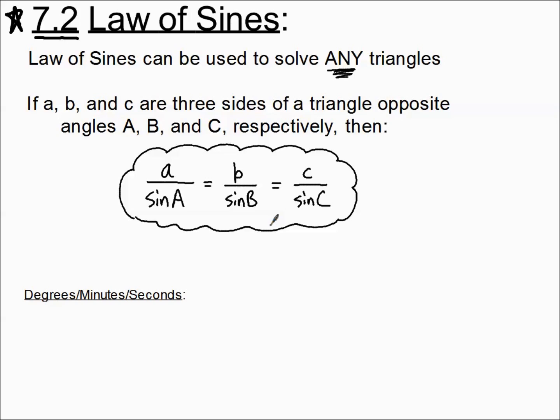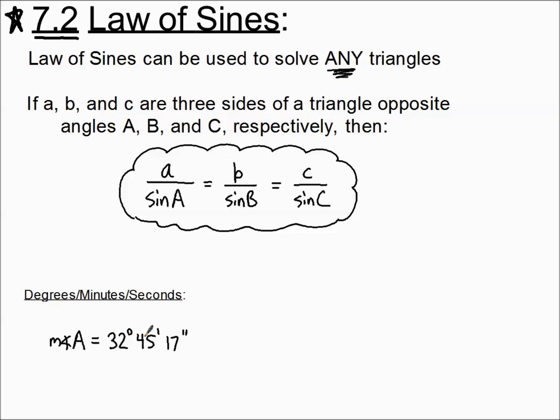Right now we know that angles are measured in degrees, but we can actually get a little bit more accurate than just degrees. Let's say we have an angle that measures 32 degrees, 45 minutes, 17 seconds. These are probably new symbols to many of you. This is just a more accurate way, a closer approximation of this angle.